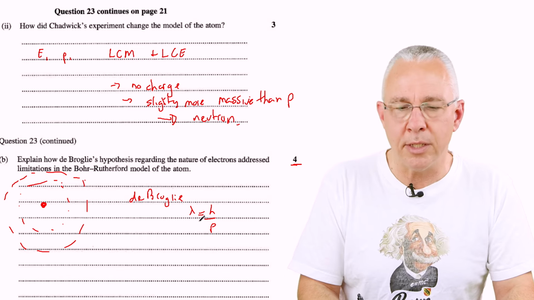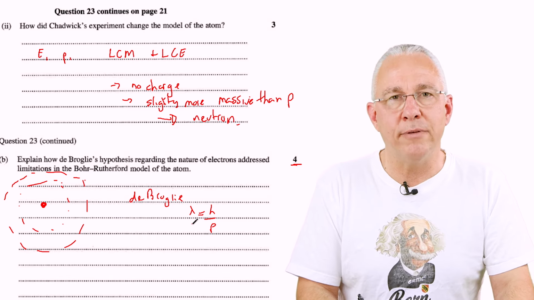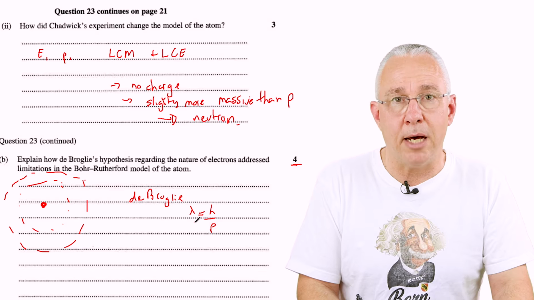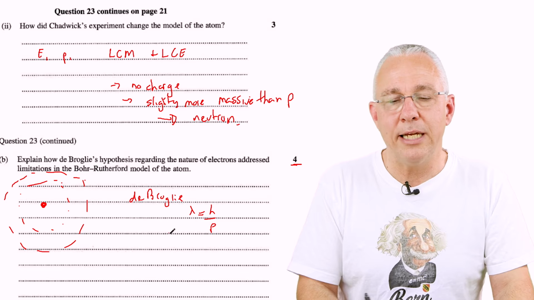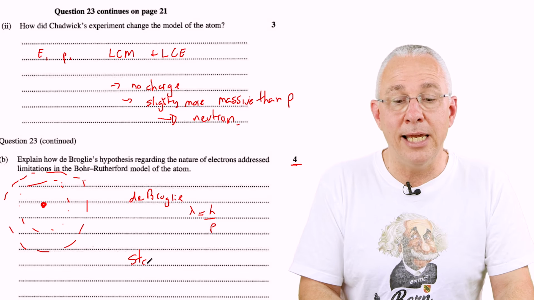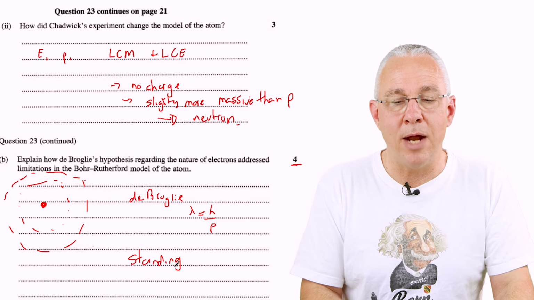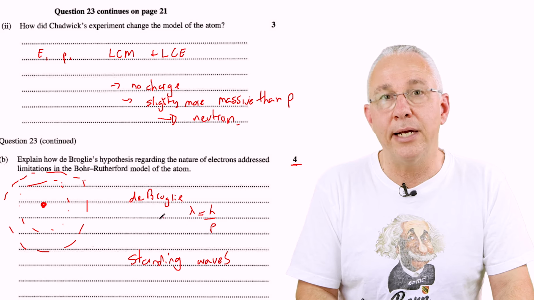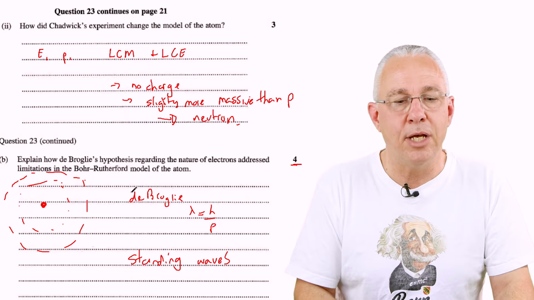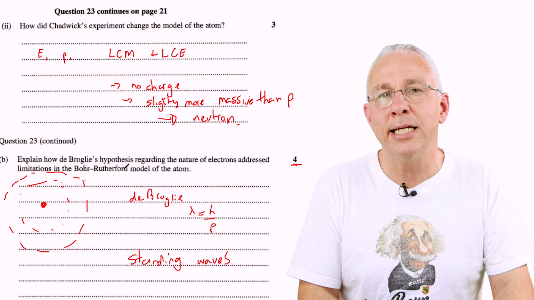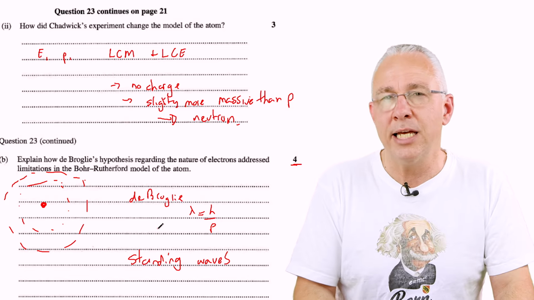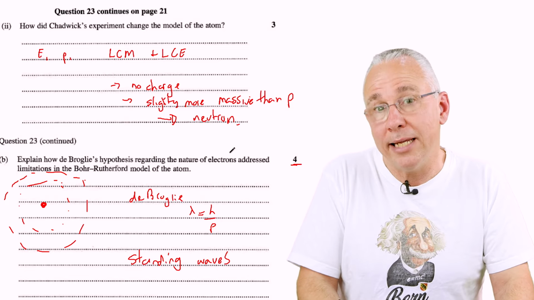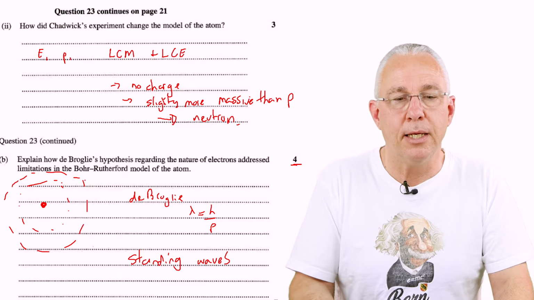But when we look at electrons, well, they have a wavelength that can be detected. So he surmised, well, if they have a wavelength, they have discrete orbits if they are standing waves around the actual nucleus. So in other words, they are in resonance. They're in standing waves around the nucleus, and this can only exist in certain whole numbers of wavelength as a result, and so therefore explained why they had discrete orbits.